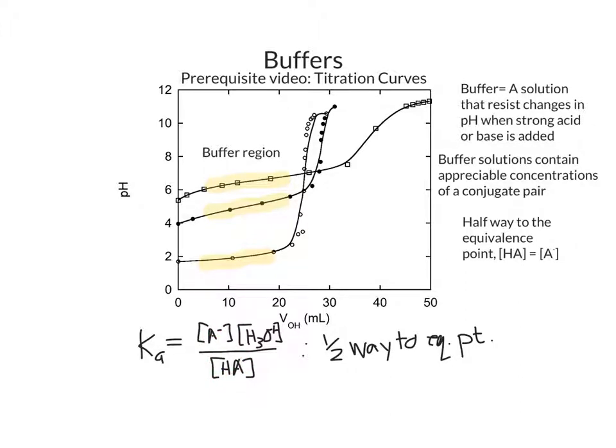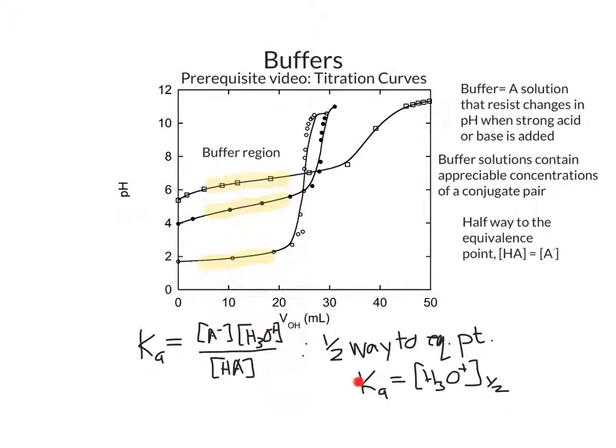And if they are equal, they will divide out of this expression. And so I will find that Ka is equal to the H3O plus concentration at that very special point when I am halfway to the equivalence point. So we'll tag that with a sub 1/2 to remind ourselves that this is only true when I am halfway to the equivalence point.